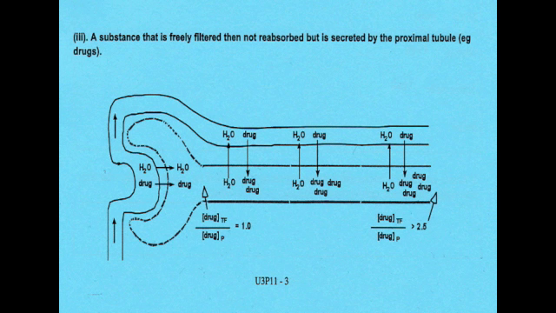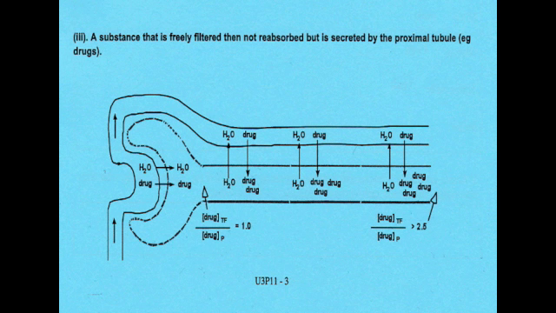Now, as we can see in this diagram again, our H2O is reabsorbed by our proximal tubule back into our interstitial fluid, into our peritubular capillary. And we also see that there is the drug being secreted into our proximal tubule, which is leading to an increase in the concentration of the drug in our proximal tubule.